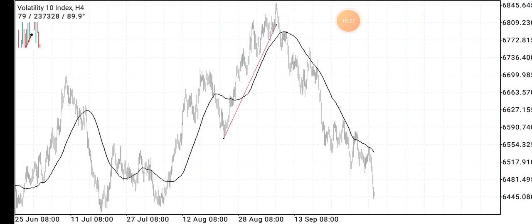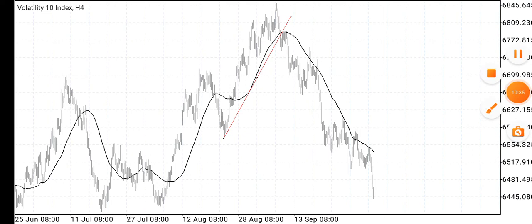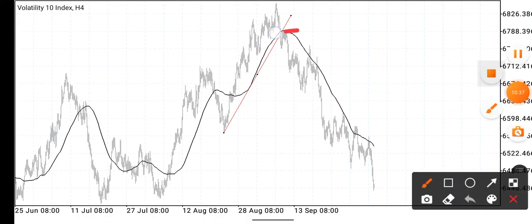From that spot, price will make a sell, and you see the moving average confirming that price actually went under it, and at this spot again you confirm that it's going to make a sell. You can use this moving average to confirm or ride trends in the market.